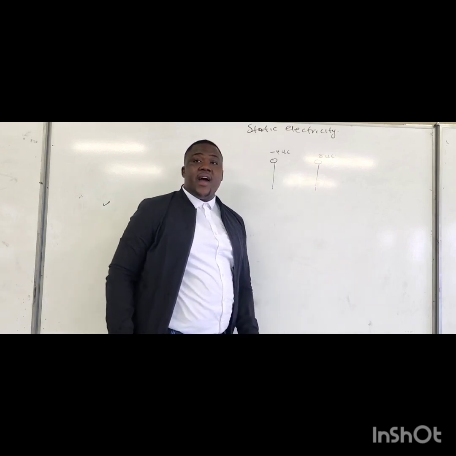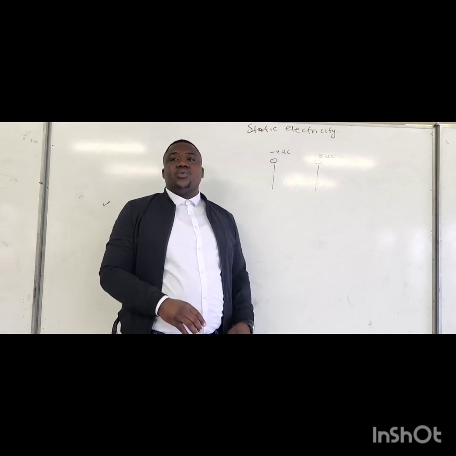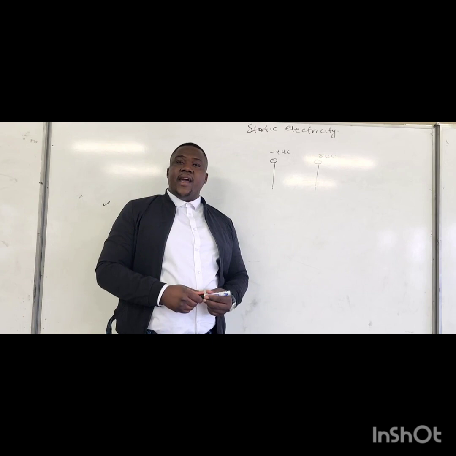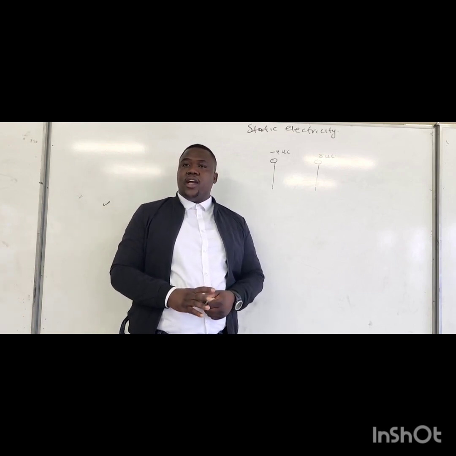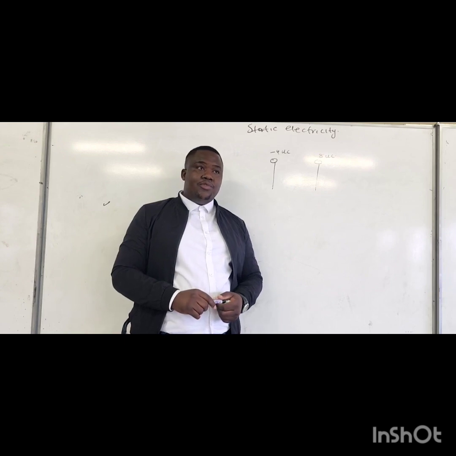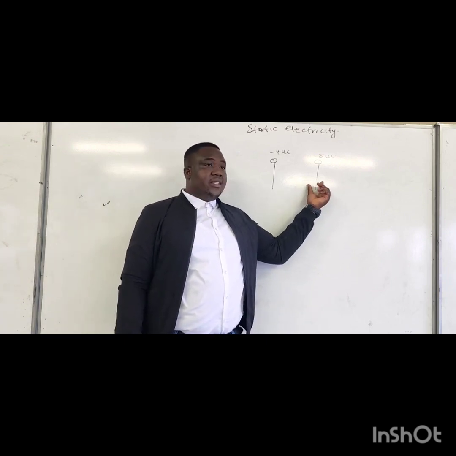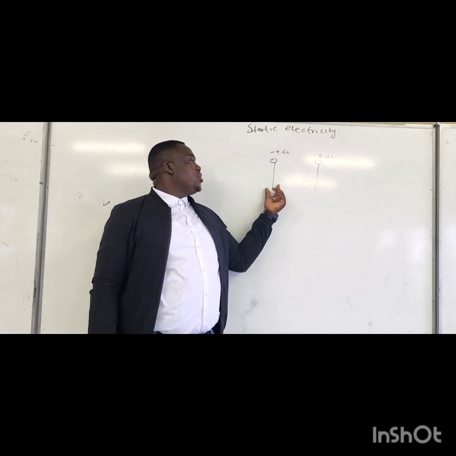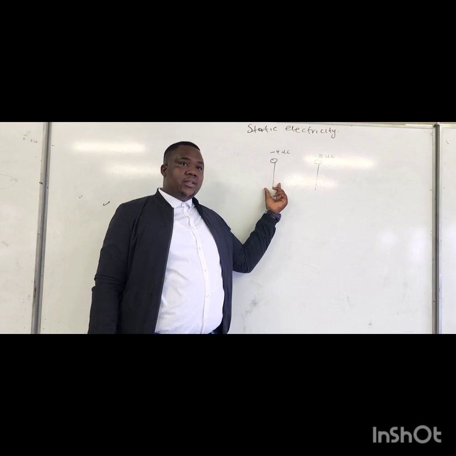When the spheres attach and separate, this is what will happen. The electrons are going to move, so that the electrons that are this side are equal to the electrons that are this side.